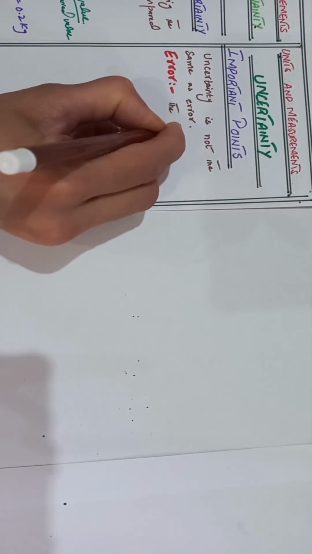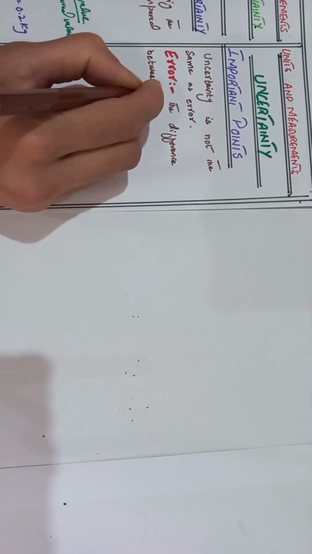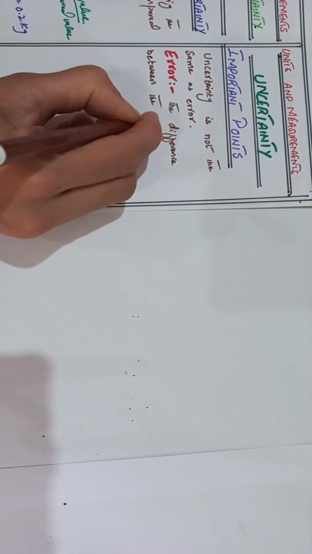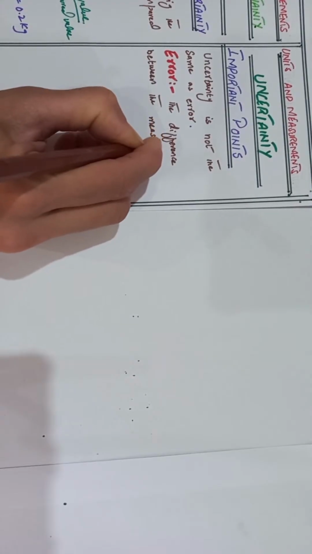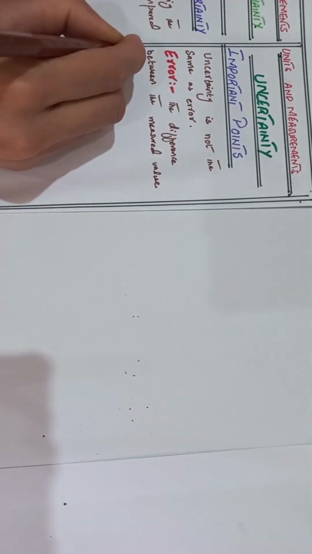The difference between the measured value and the true value is the error.